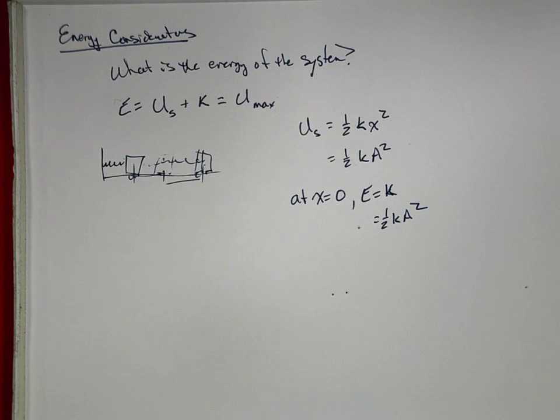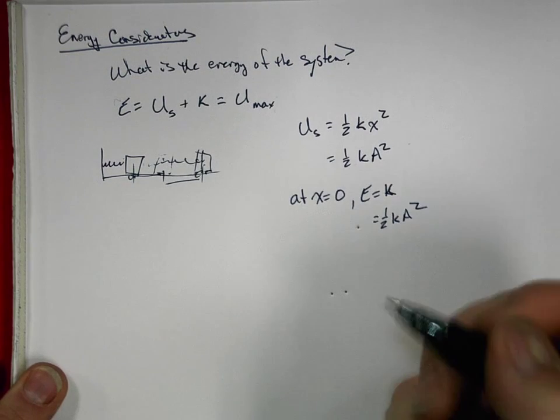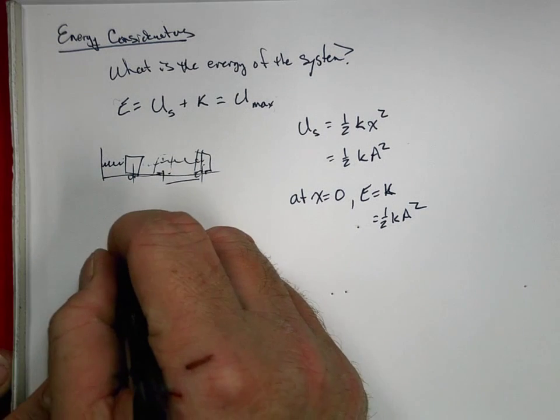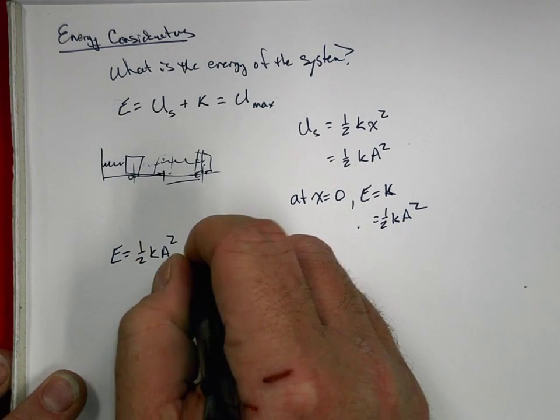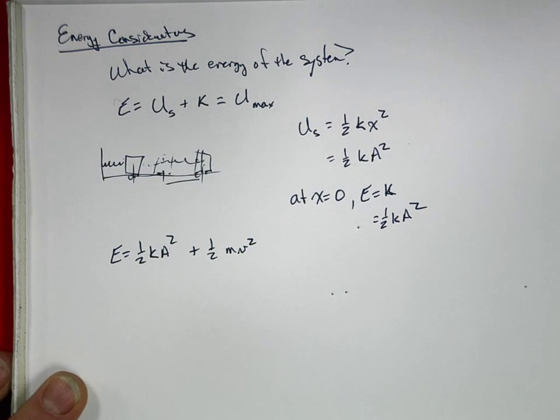Now, here's the beauty of this. This is so awesome. Total energy at any particular point on here, however, is our 1/2 kx squared plus 1/2 mv squared.